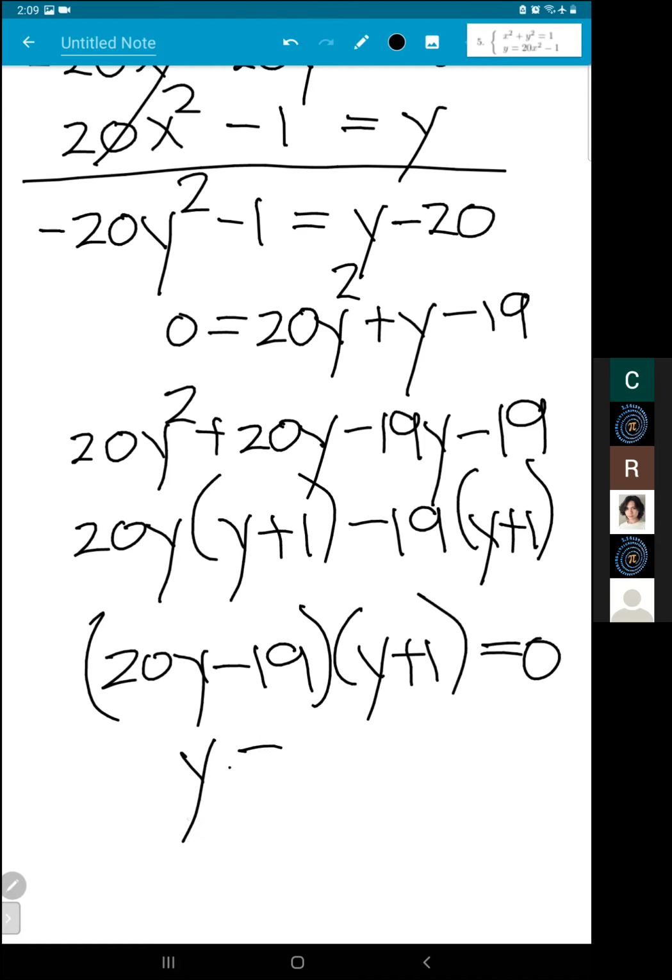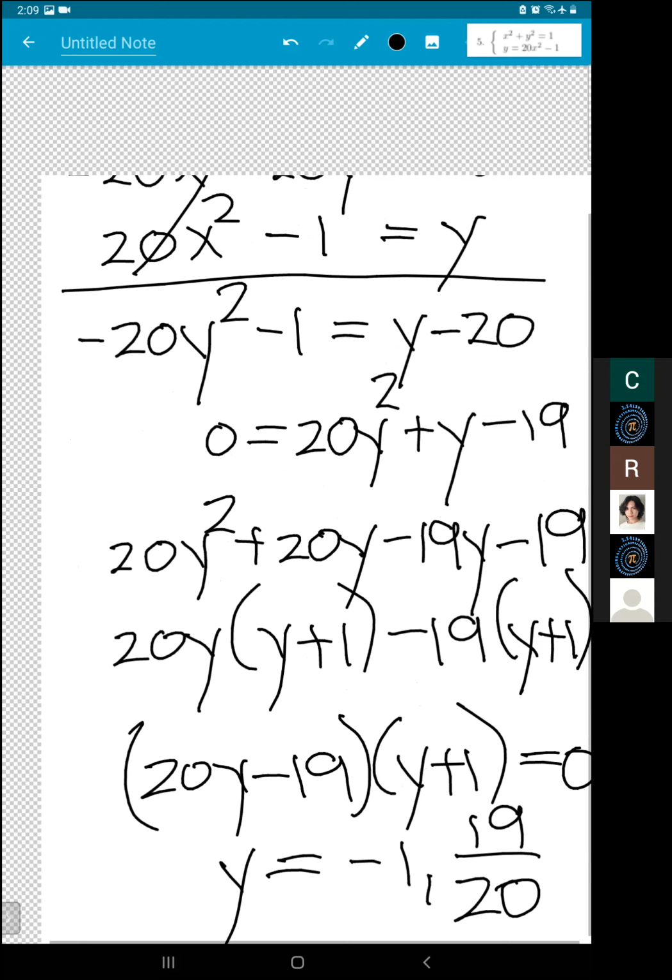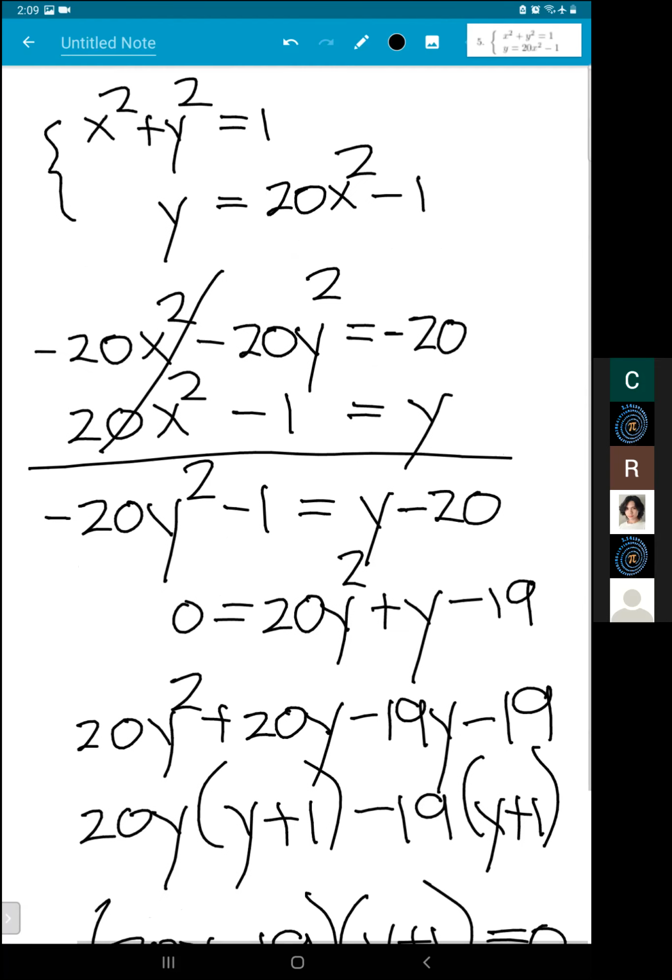So you'll get, using the quadratic formula, two possible values for y. And then you solve for the corresponding values of x using one of the equations. So let's just use this one.